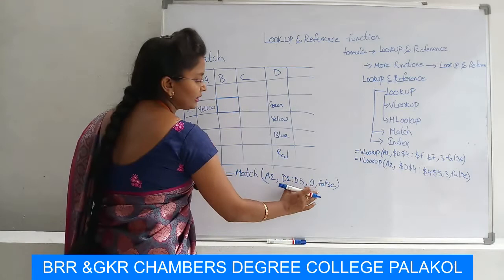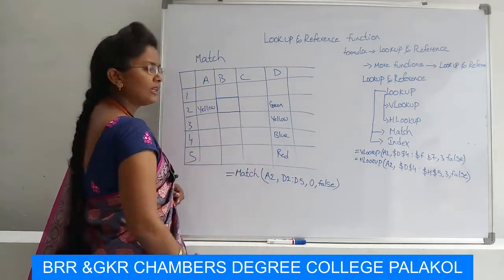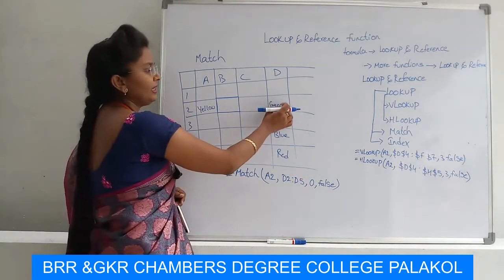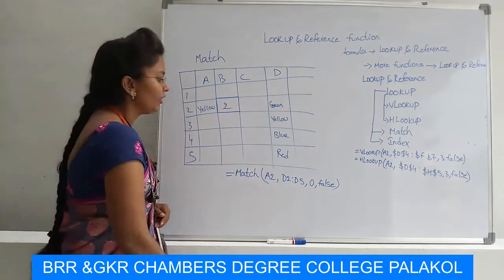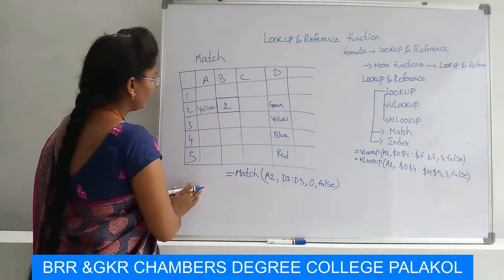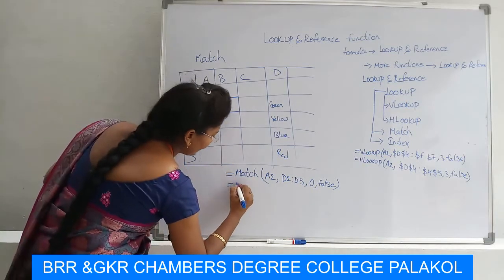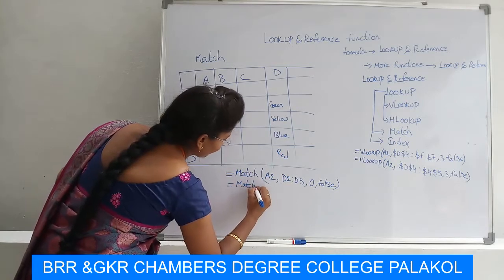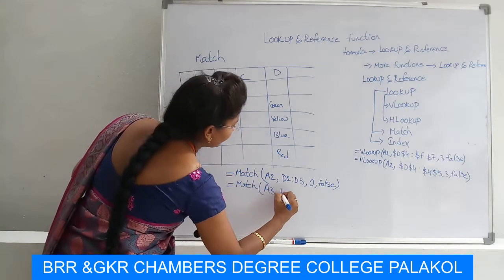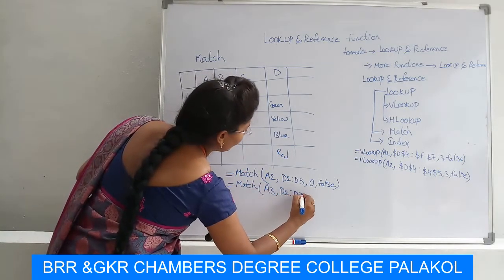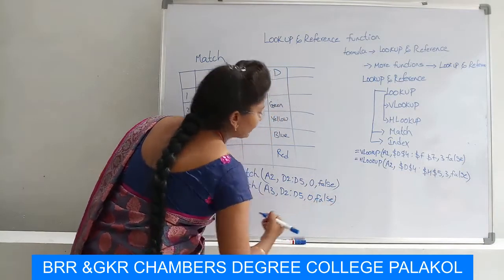And when I enter this formula and press the enter button, it will display the number. That means green is 1, yellow is 2, so the number 2 will appear here. If you take red here and write another formula, MATCH, this cell reference is A3, and here I am taking D2 to D5, comma 0 and the false statement, and closing the bracket.